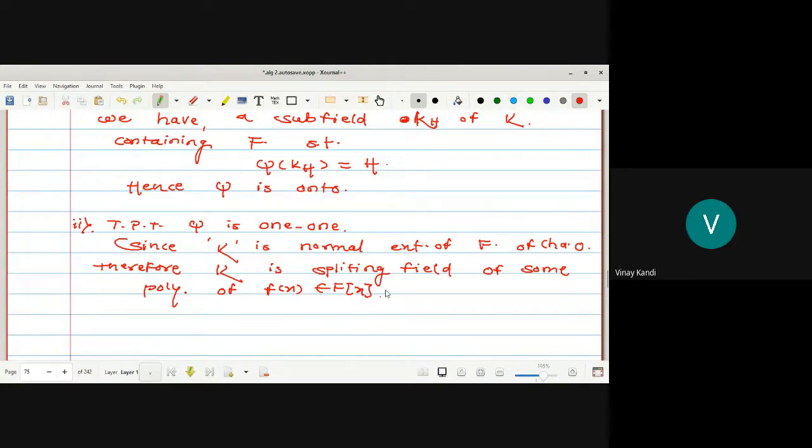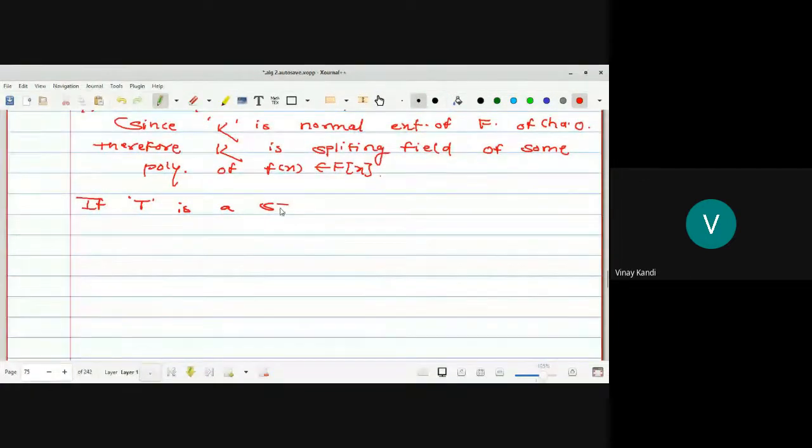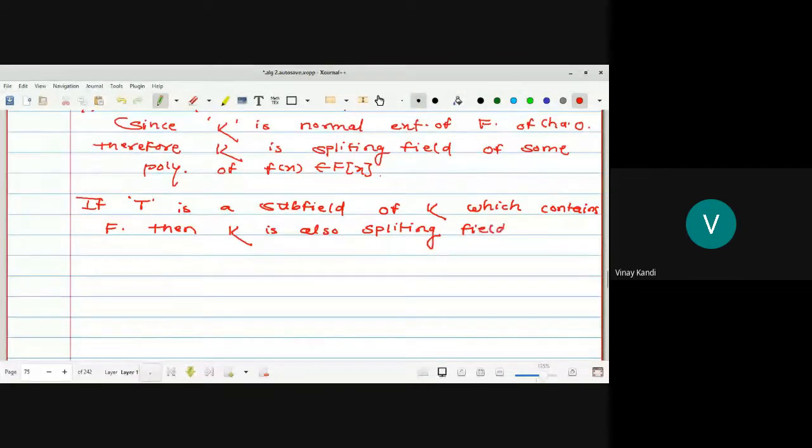Now, if this T is a subfield of capital K which contains capital F, then this capital K is also the splitting field of f of x, the polynomial belongs to F of x, but this F is contained in what?